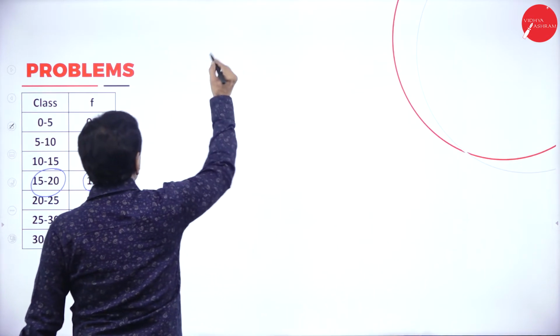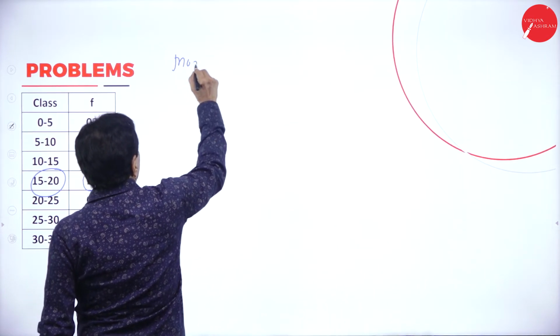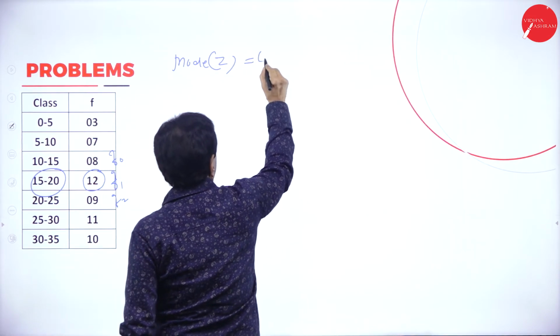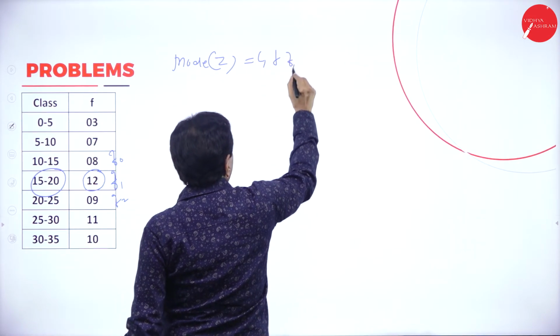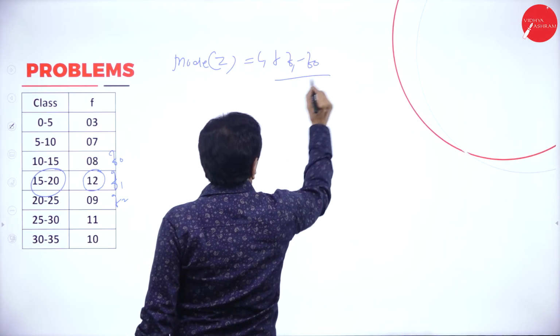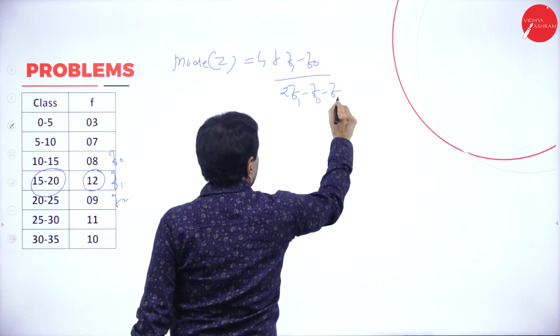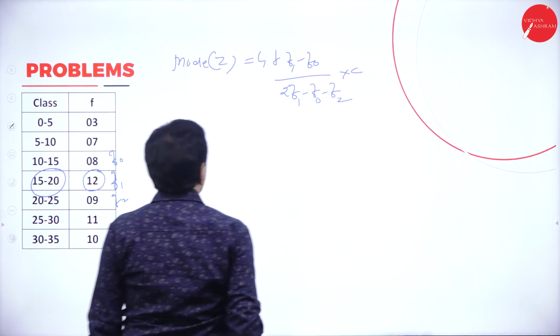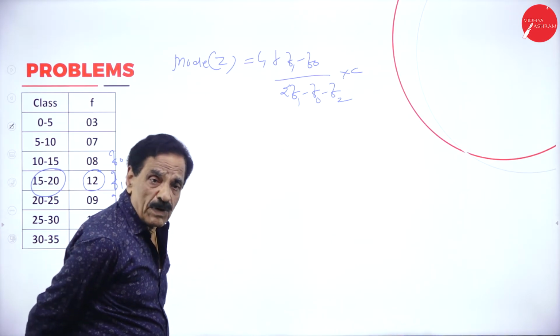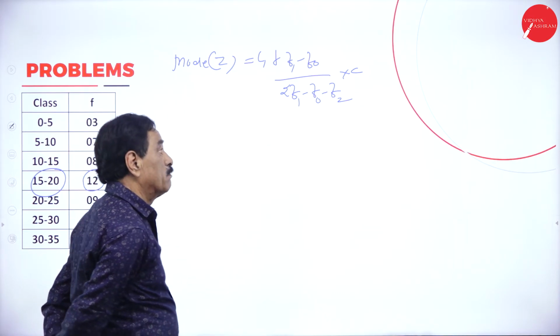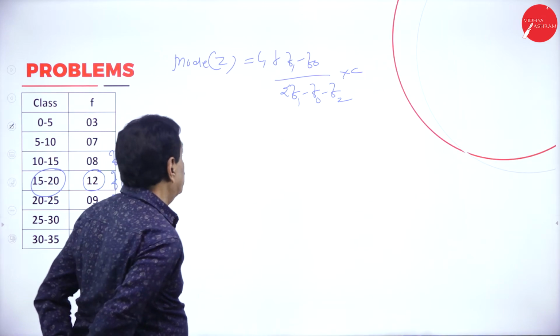Apply the formula. Mode, also represented by the letter Z, is equal to L1 plus F1 minus F0 over 2F1 minus F0 minus F2, into C.